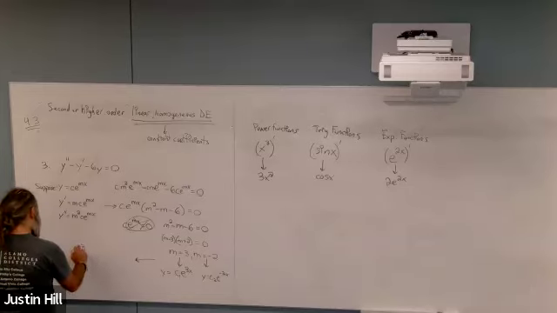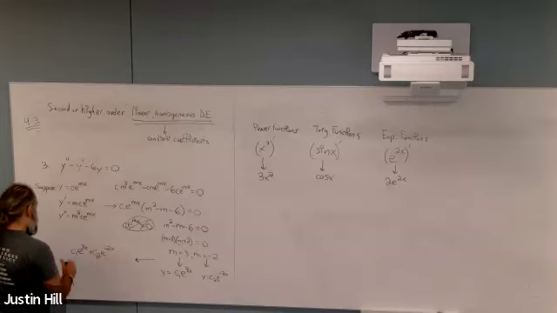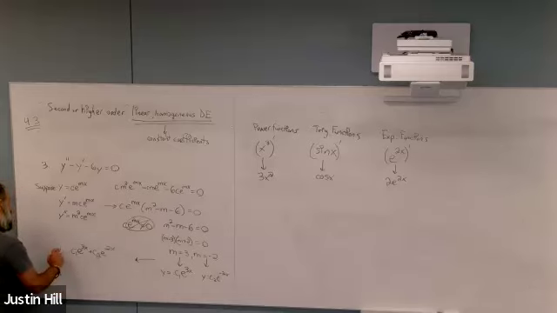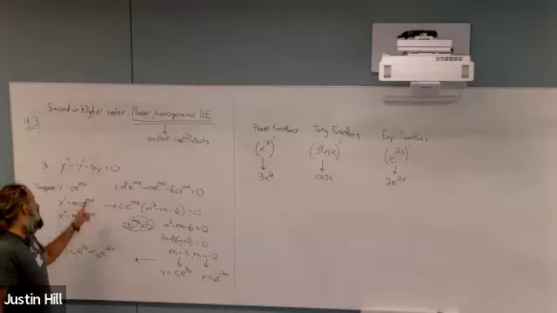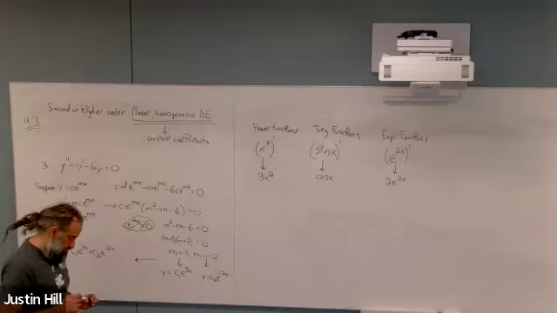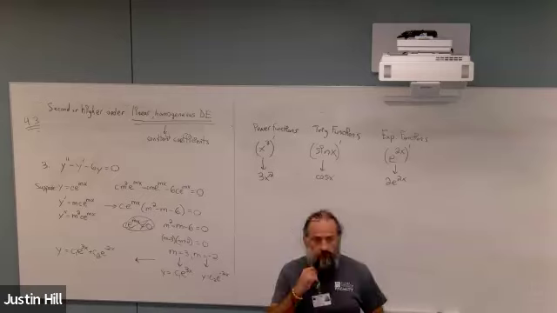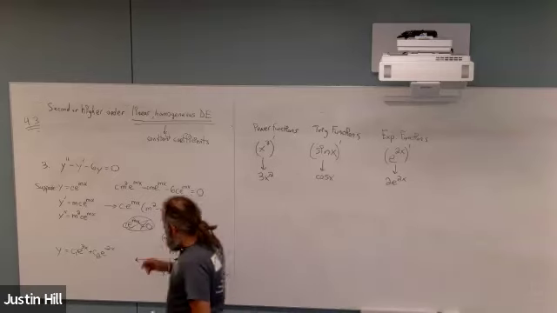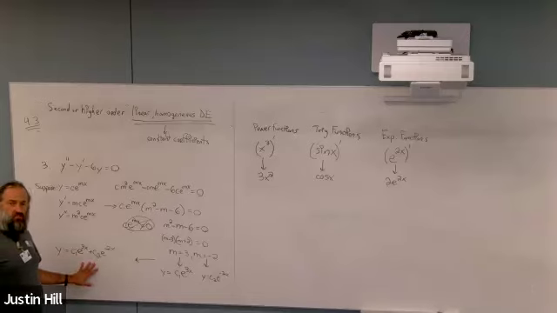C1 e to the 3x plus C2 e to the negative 2x. So what if I made a solution by adding those two possibilities together? Would this also be a solution to this differential equation? What do you guys think? Hopefully you're leaning towards yes on this, or at least this makes sense.